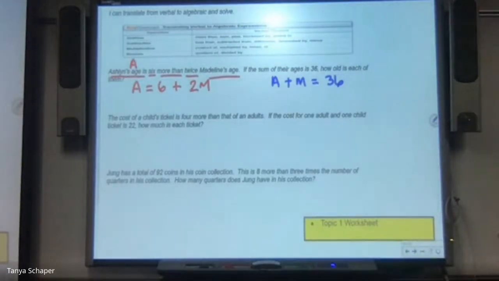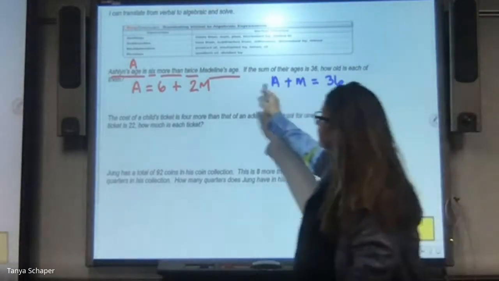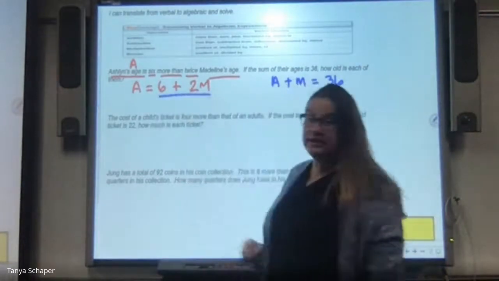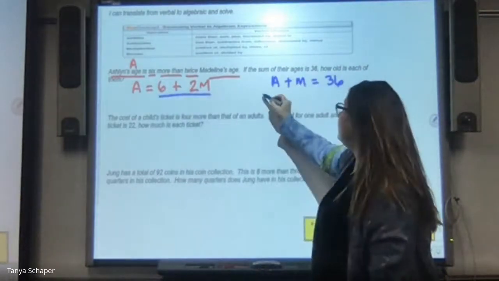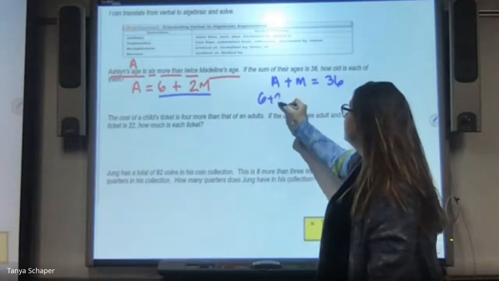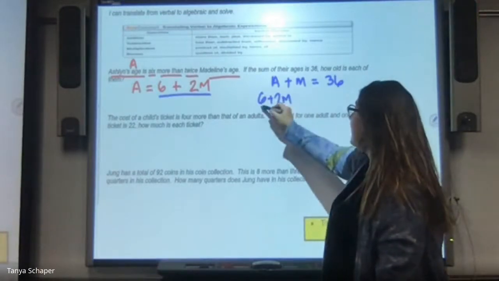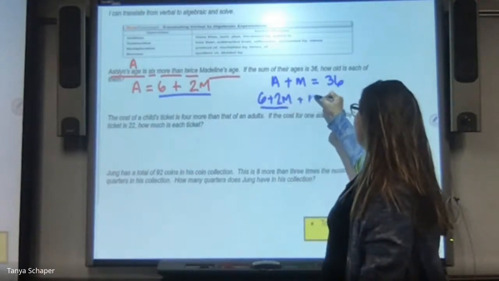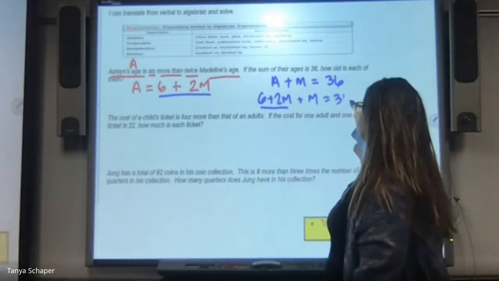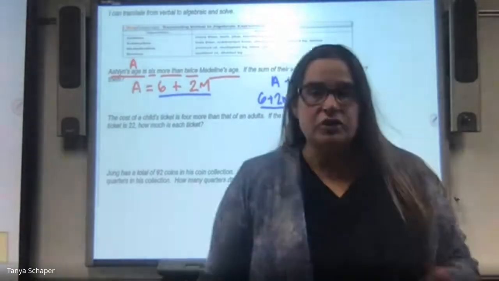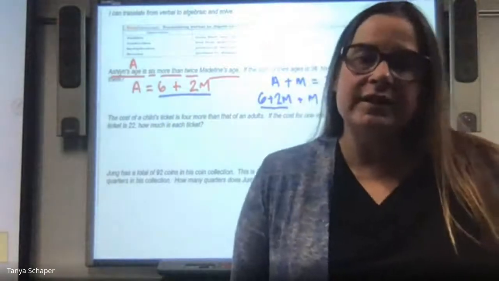You've got it. I know that Ashlyn's age is equal to this. So I'm going to take 6 plus 2m, that's Ashlyn's age, plus Madeline's age to get 36. That is one strategy to use to solve this problem.